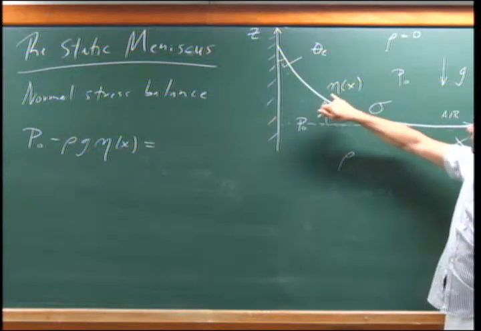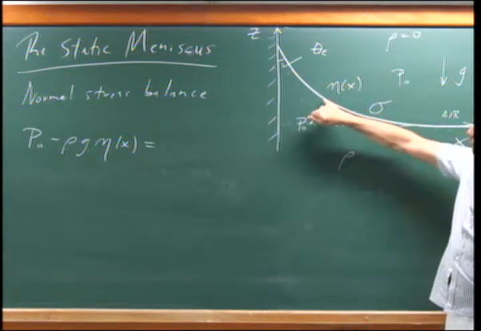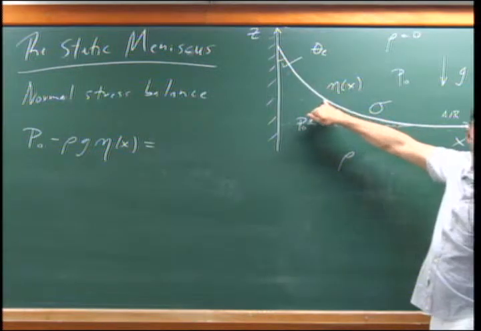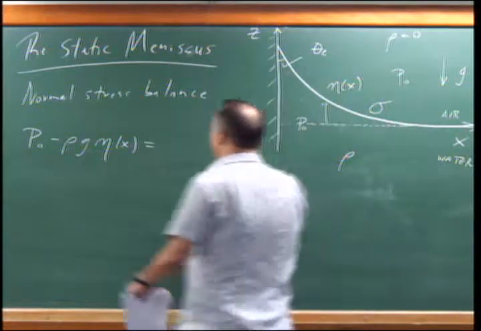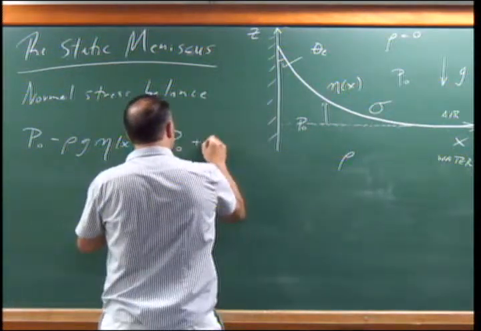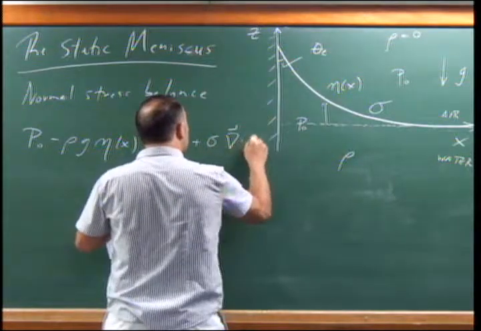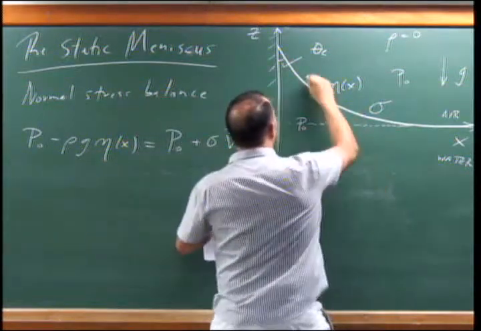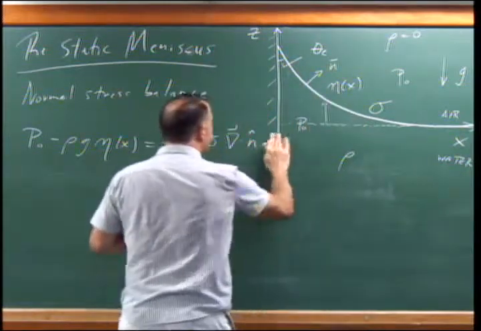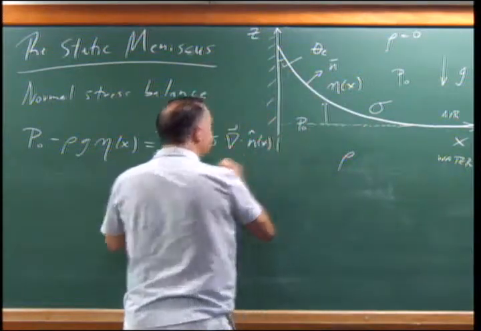So by going across the interface, it's going to be P naught plus sigma div of n, right? N being the local normal, and of course it's n at x.